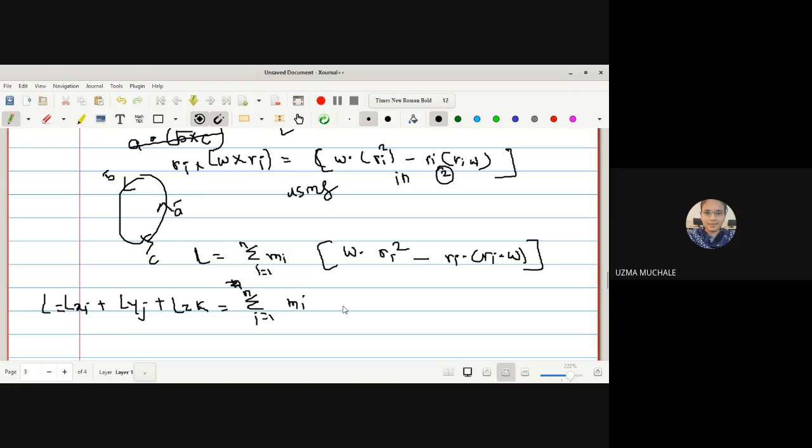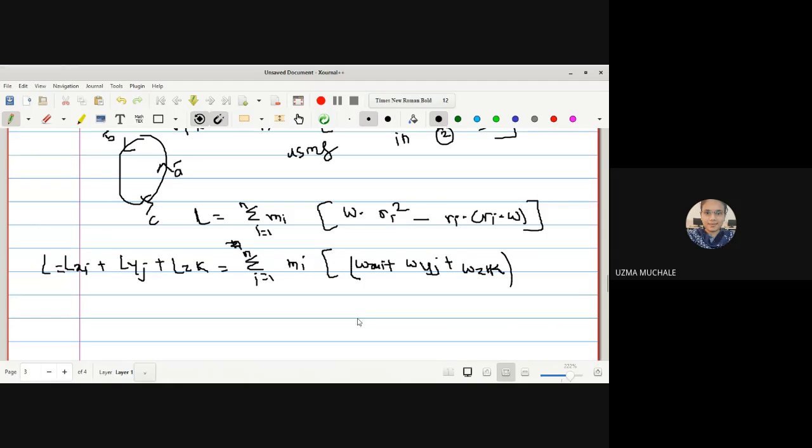mi. Now this w can be written as wx i plus wy j plus wz k into ri square.